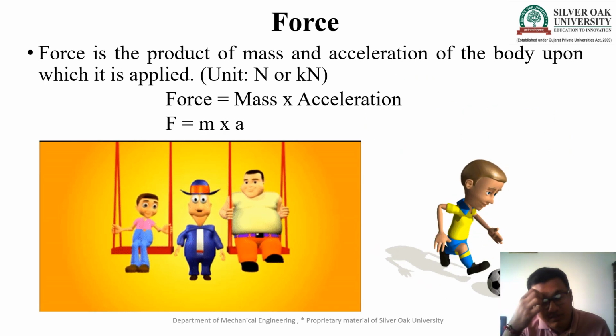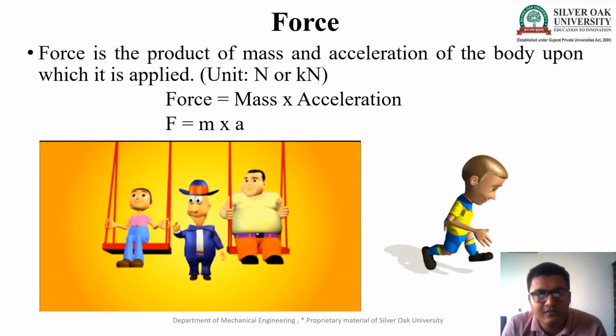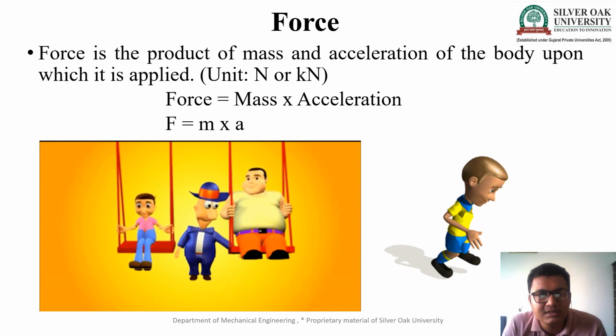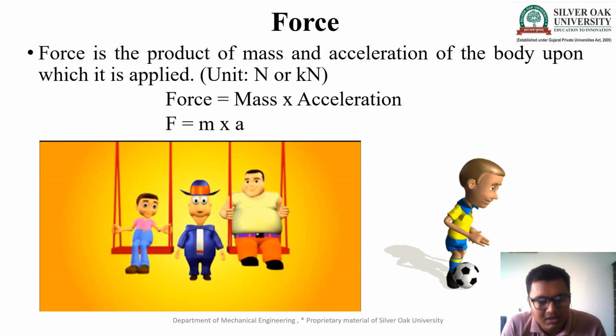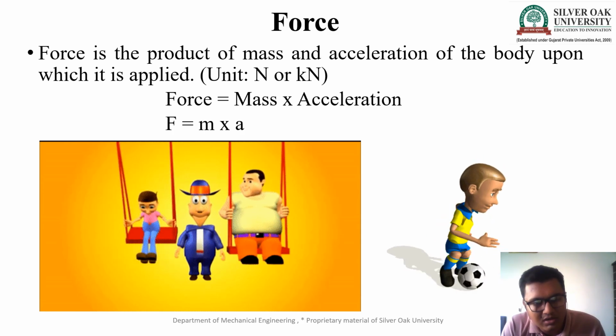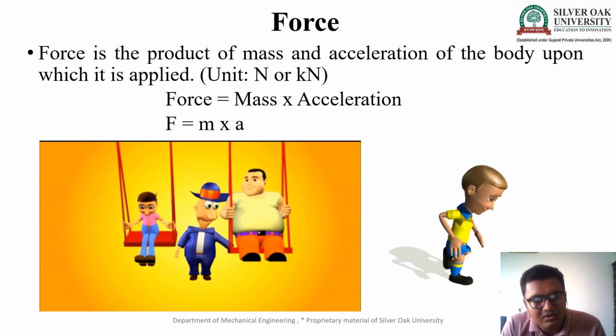Now we discuss certain terms. First one is force. Force is the product of mass and acceleration. Here you can see two figures. In one figure, a boy is playing football. In the second figure, two swings are there.